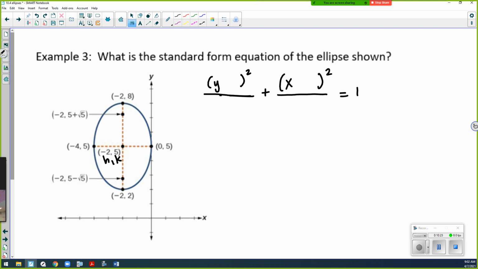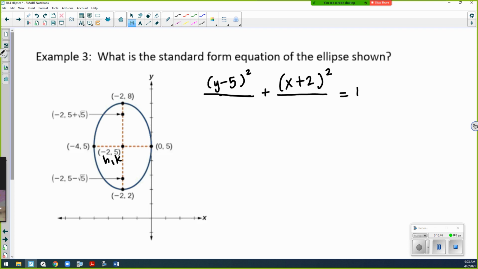So h and k are -2 and 5. So h goes here. That's going to be a +2, and this is going to be my y minus 5. Think about these in terms of zeros. If you set y minus 5 equal to 0, you'd have y equals 5. If you set x plus 2 equal to 0, you'd get x equals -2.